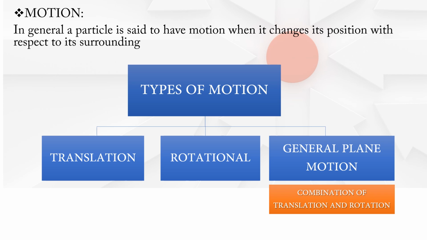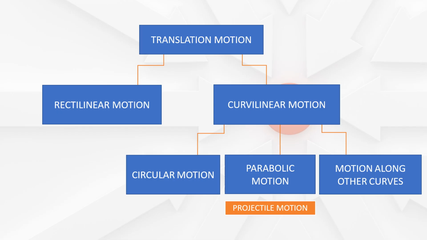Whereas, if we consider the wheel of the bicycle, then every particle, every point on the wheel performs the motion of translation as well as motion of rotation. So we say that the wheel of the bicycle is in general plane motion, whereas the seat of the bicycle is in translation motion. Now here let us discuss the translation motion, different types of translation motions.